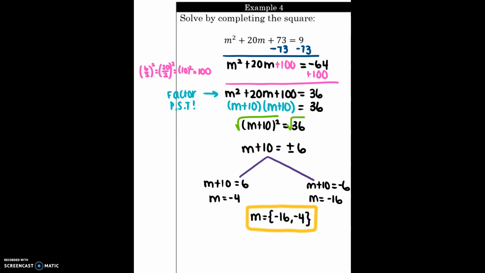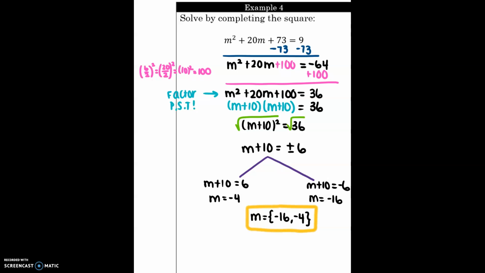Now let's take a look at example 4 here on the left. First and foremost, you needed to subtract 73 on both sides of the equation. Then we needed to find the value that would complete our perfect square trinomial by using b over 2 squared. After doing that, we find that the value that will complete the square is 100. So you add 100 to both sides.